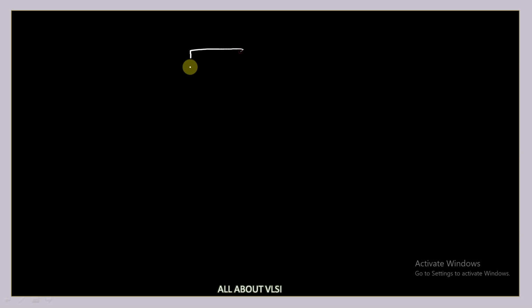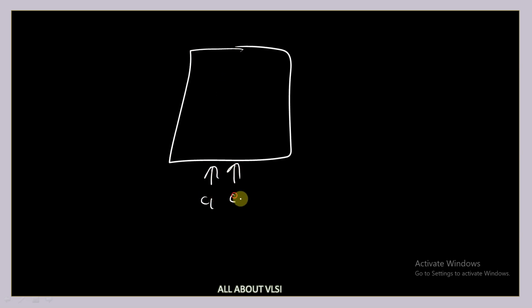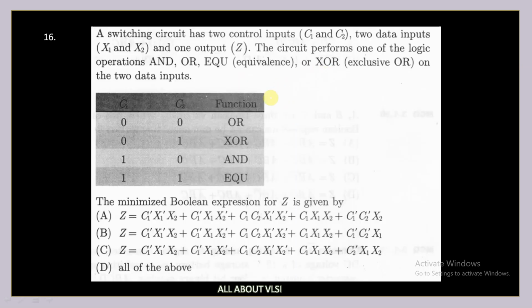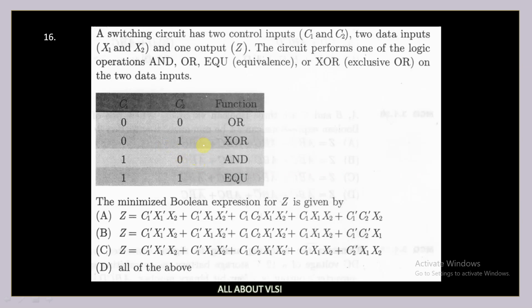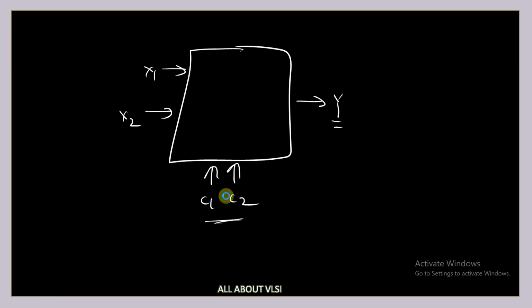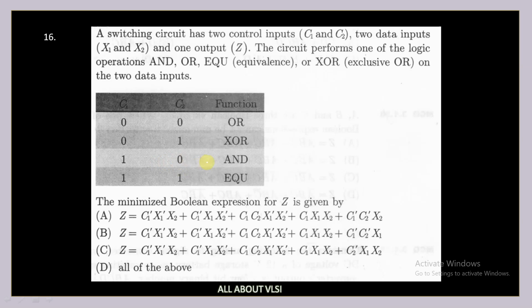So this is my black box, with two control inputs C1 and C2 and two inputs X1 and X2. Depending on this, I get my Y. Y will be the OR operation if C1 and C2 are 0 0, the XOR operation if C1 and C2 are 0 1, and the AND operation if C1 and C2 are 1 0, and so on.